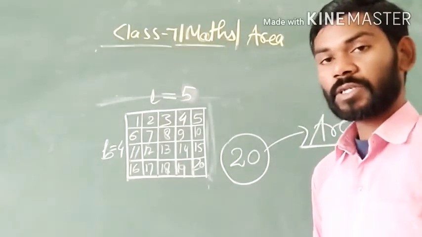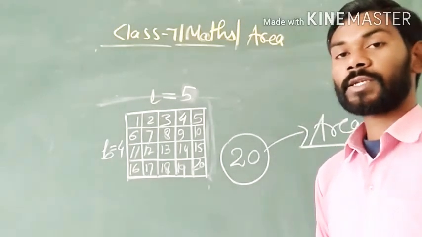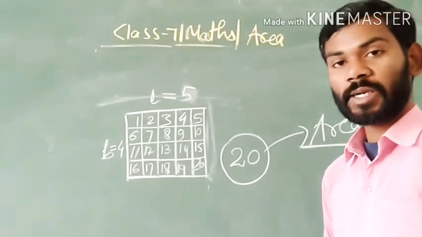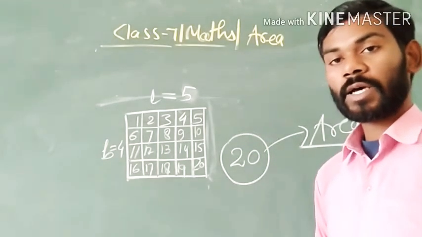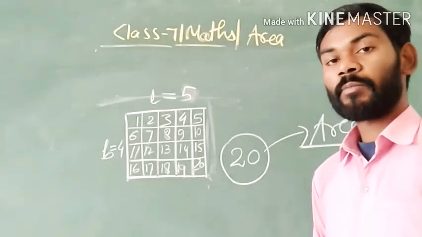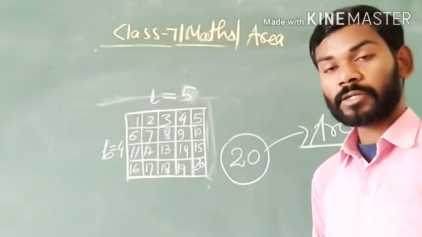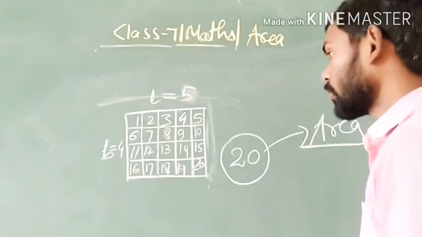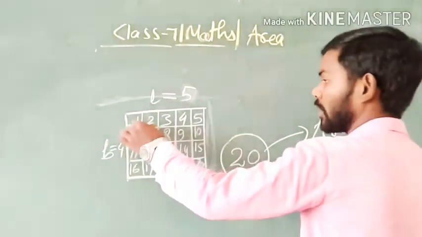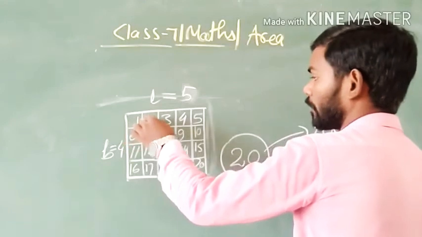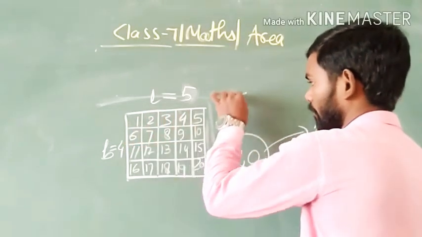But later it has been seen that just counting the squares along the length and the squares along the width and multiplying their numbers, we can also get the same result. So if we count the squares along the length, we get 1, 2, 3, 4, 5.